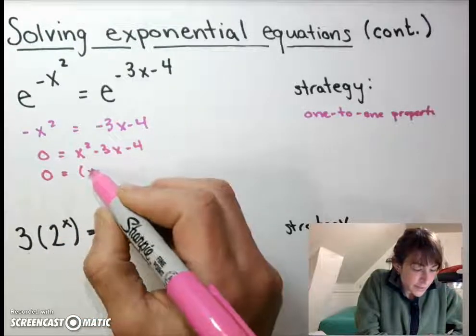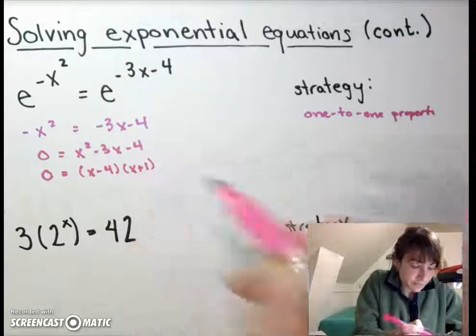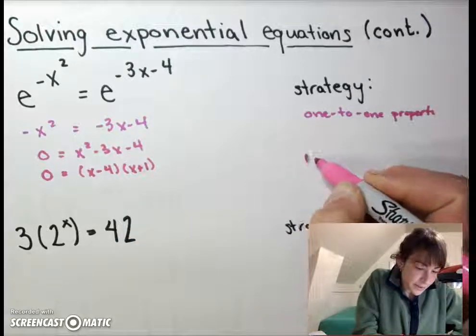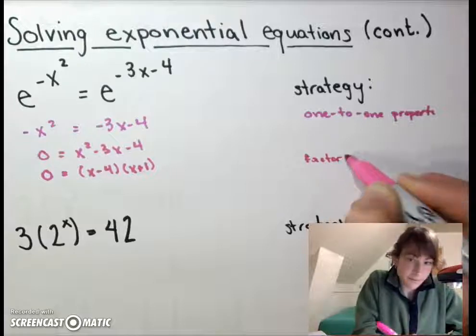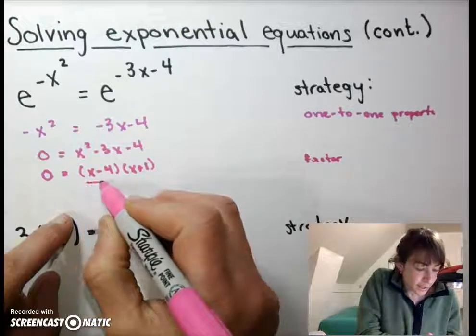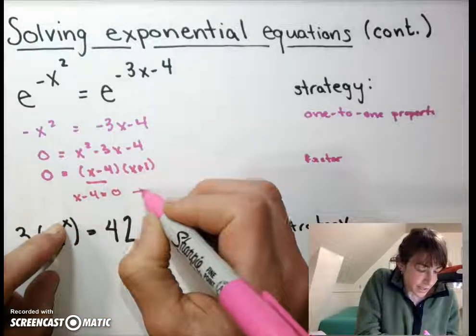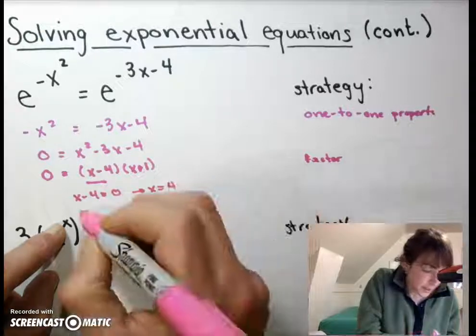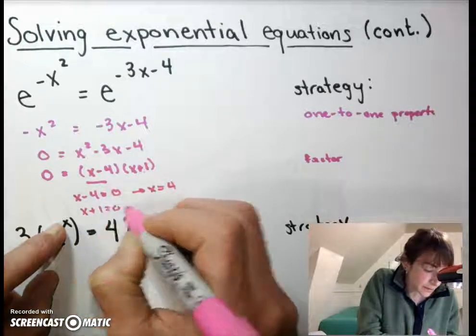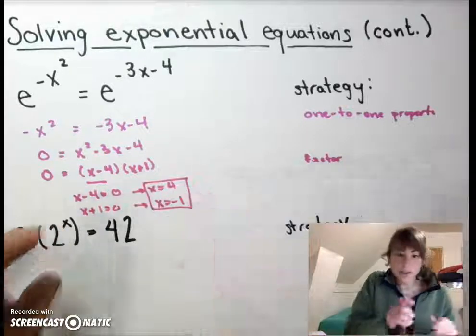So this factors as x minus 4, x plus 1. And this means that either this term equals 0, in which case x equals 4, or the second term equals 0, in which case x equals minus 1. So those are my solutions.